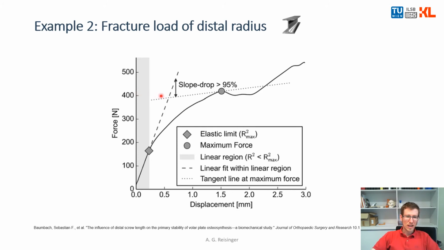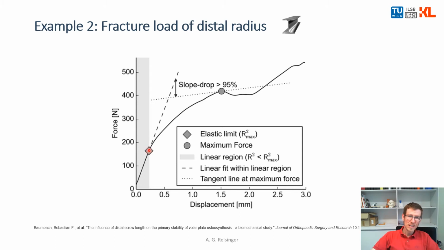With respect to the elastic region, how was this slope determined here? Well, I will go into this in detail later when we talk about data extraction, data evaluation. So this is basically a regression line for the first linear region, and this linear region ends here, which gives the elastic limit.